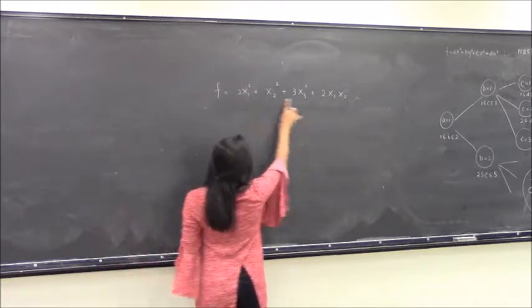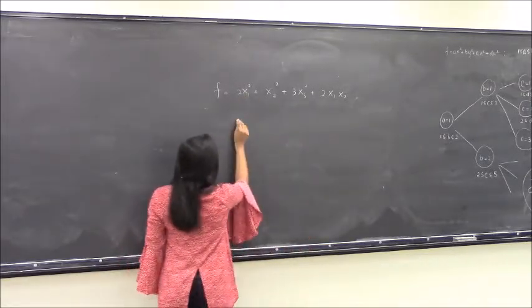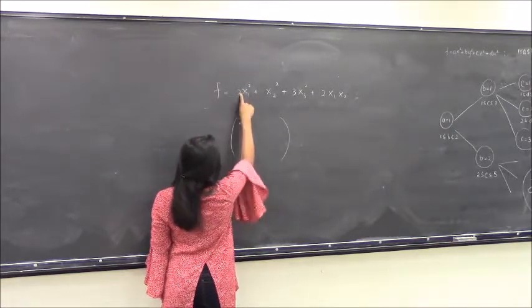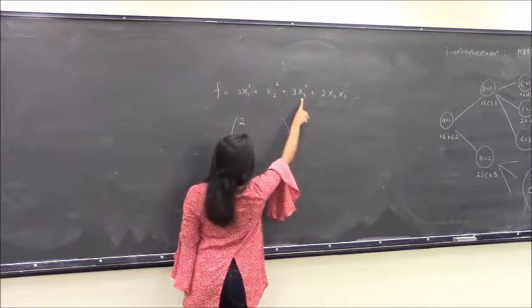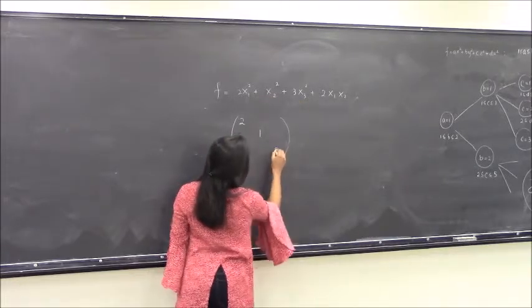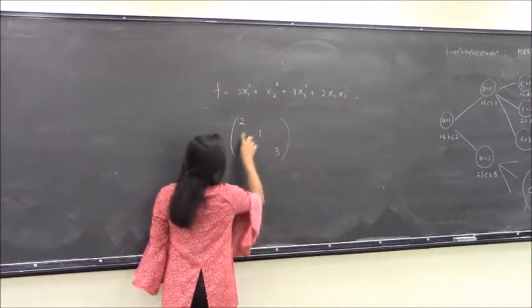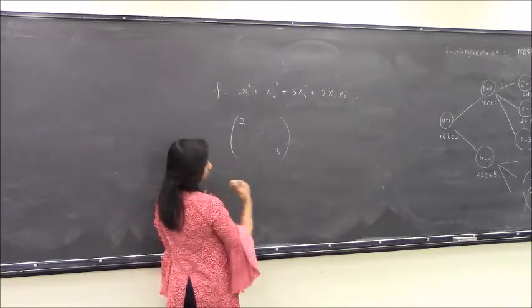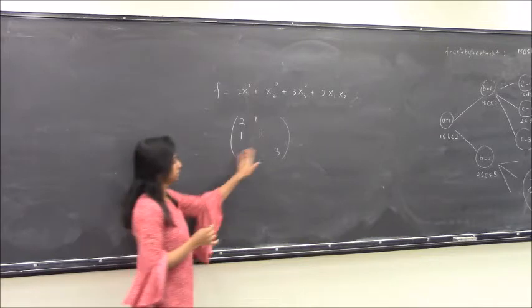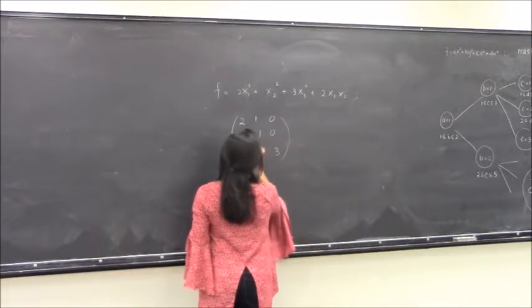This has dimension 3. The diagonal entries are the coefficients of the squares, so this is 1, this is 3, and for the cross term x1 x2, when you write the Gram matrix, you write half of its coefficient. The rest will be 0.